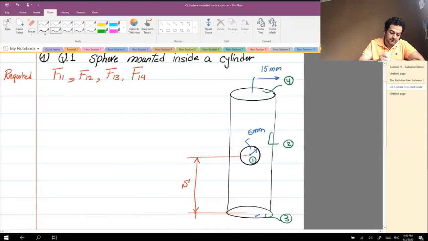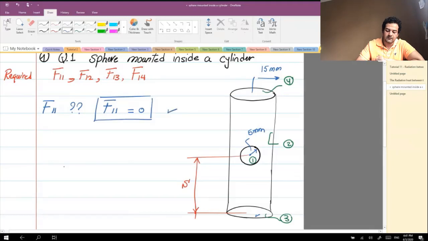So F11, what is F11? Can anyone answer? So basically it's a sphere, and it is like a convex shape. So F11 is 0, yeah, thank you. F11 is 0. And what about F12, F13, F14?